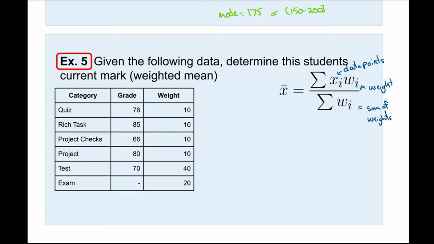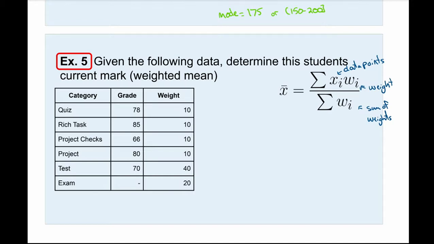When we did expected value, the sum of our weights would be the sum of all the probabilities, which would have been 1. That's why we used this formula before in a similar fashion without really seeing it like this. So if I'm looking at this example, I want to determine the student's current mark, or their weighted mean.